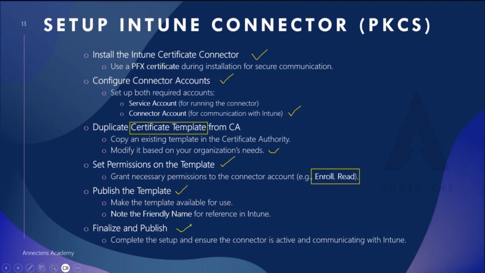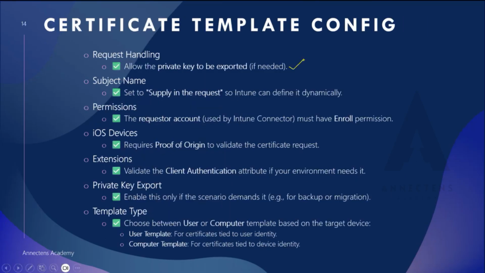Okay, now let's go next. Certificate template handling, I already informed what we need to do. So we need to have allow private key to be exported checked. Supply in the request, okay, this should be selected. Permission wise, the connector account permission is given with enroll permission. iOS devices, we have unchecked that option.